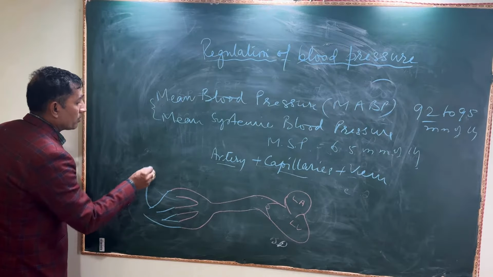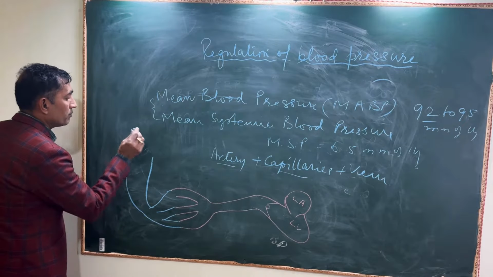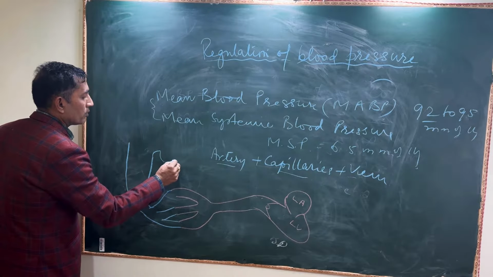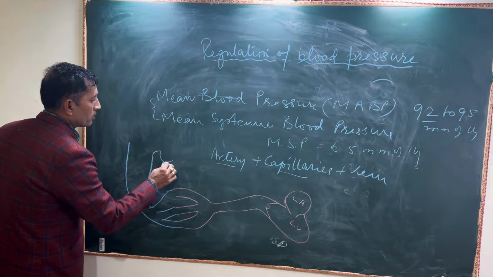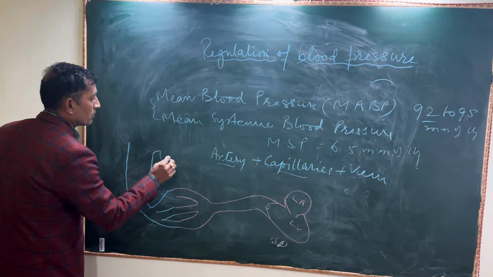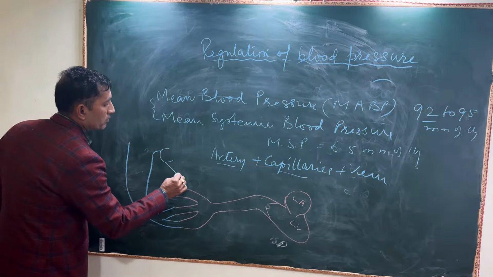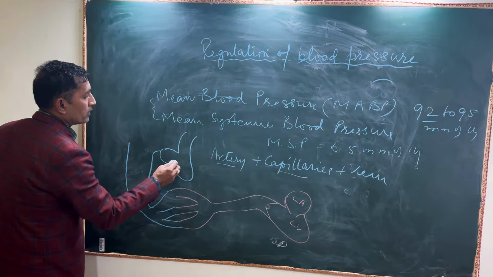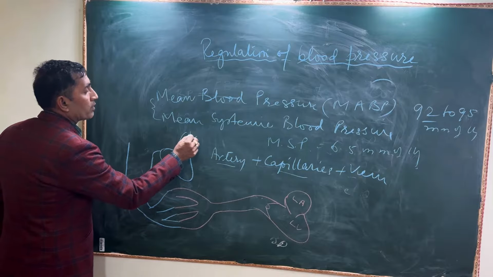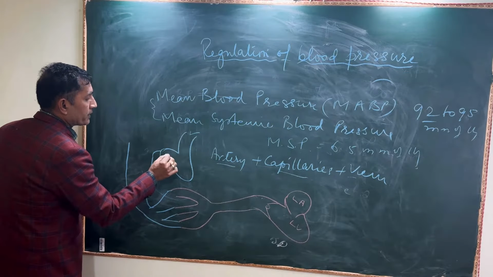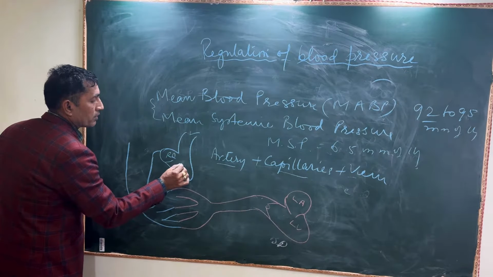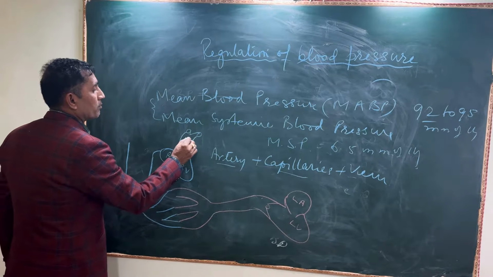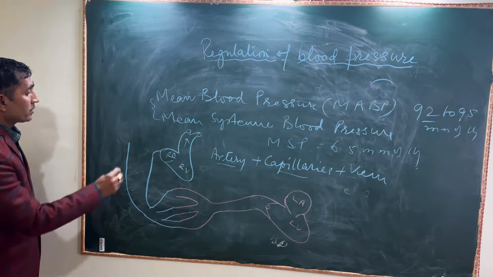Vein, this is the vein, and then we have the pulmonary right atrium, and this is right ventricle, and this is the blood going to the lungs.